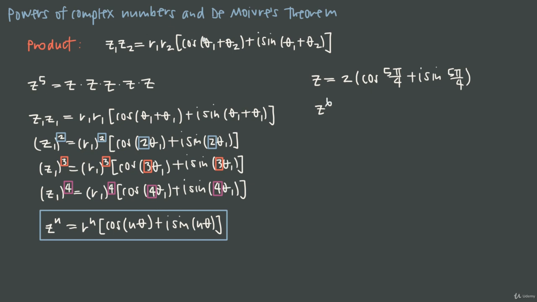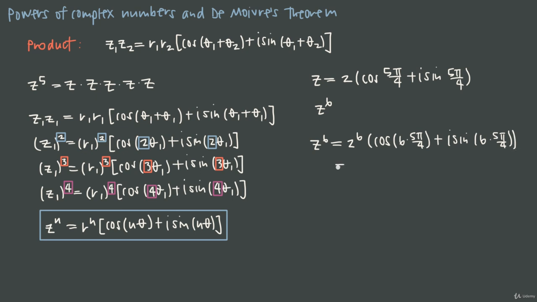Well, instead of using this product formula and multiplying this out 6 times, we can go straight to De Moivre's theorem and say that z to the sixth must be equal to, we take the modulus of 2 and we raise that to the sixth power, so that must be 2 to the sixth, times cosine of, the n value here is 6, so we get 6 times 5 pi over 4. So this will be 6 times 5 pi over 4 plus I sine of 6 times 5 pi over 4.